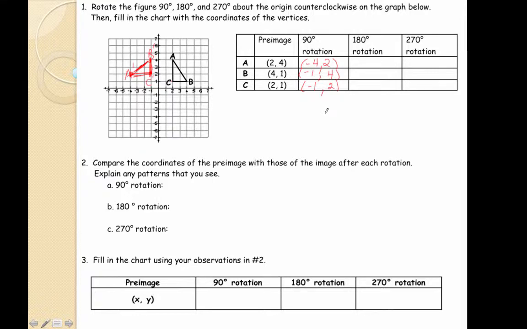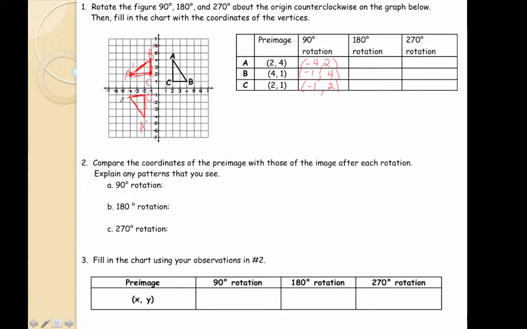And then if I keep going another 90 degrees, then I end up with a copy down here. So it'll be like this. Where this is C prime, because I'm still coming from here, so it's reusing that letter there.